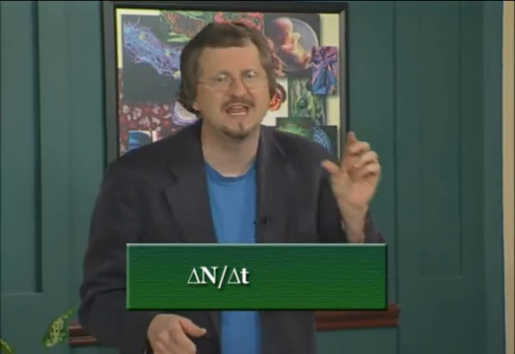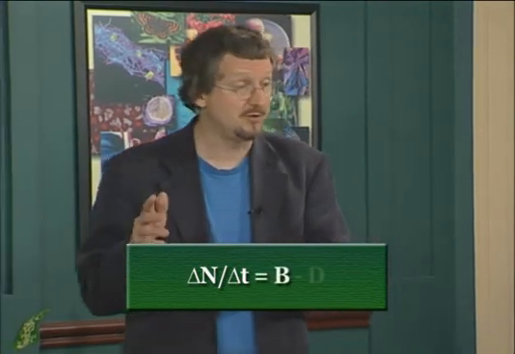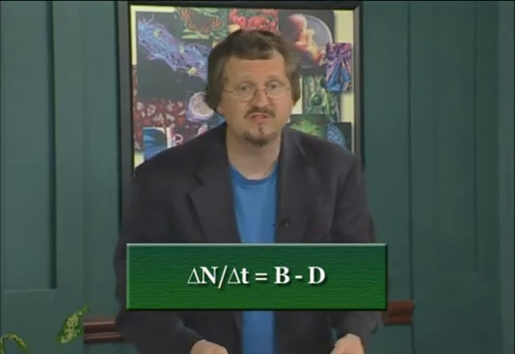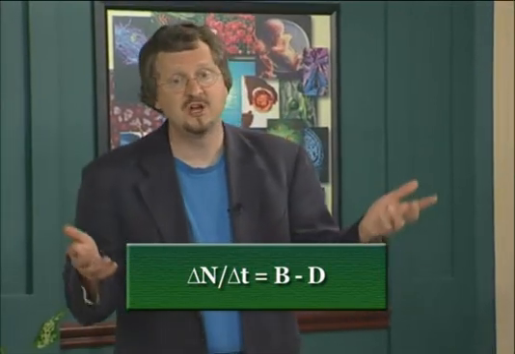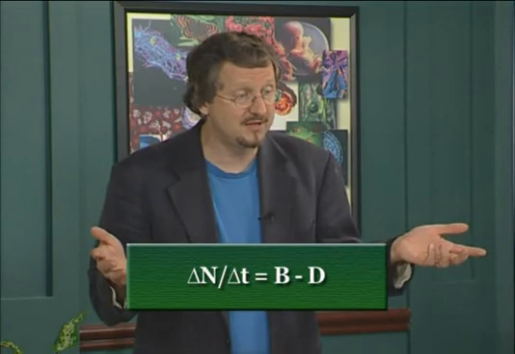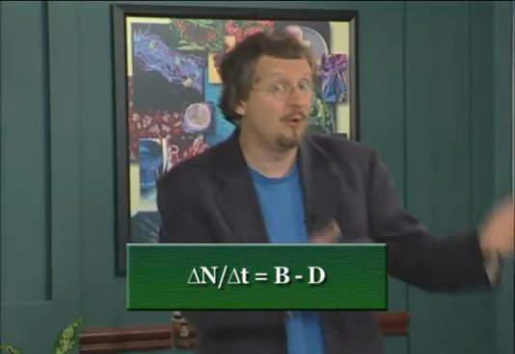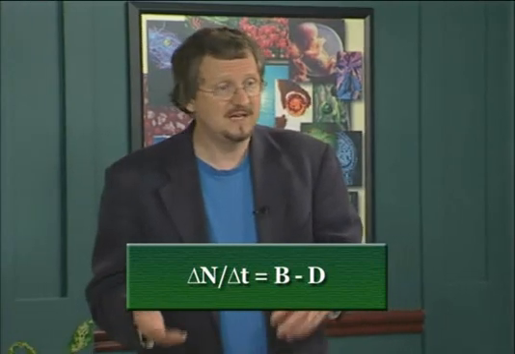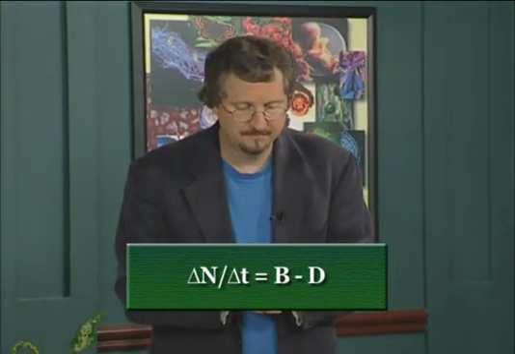So the change in n, the change in number of individuals, divided by the change in time, in other words, by some time period, delta n over delta t equals capital B minus capital D. Now this is actually even simpler because what we've done is we've just simply said that the rate of change of the number of individuals in a population is going to be the number that are born in that population minus the number that die. Again, it's still pretty straightforward.